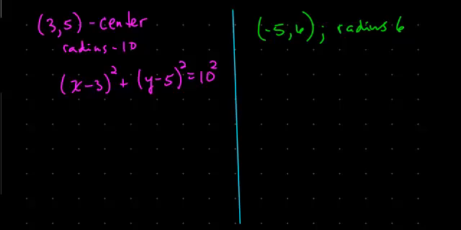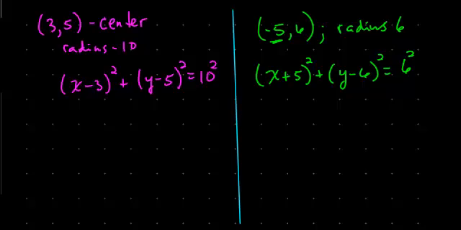And so my standard form of the circle will be x minus a -5, so x plus 5 squared plus y minus 6 squared equals 6 squared. That would give me the standard form. Again, note here that the center is going to be -5, 6.